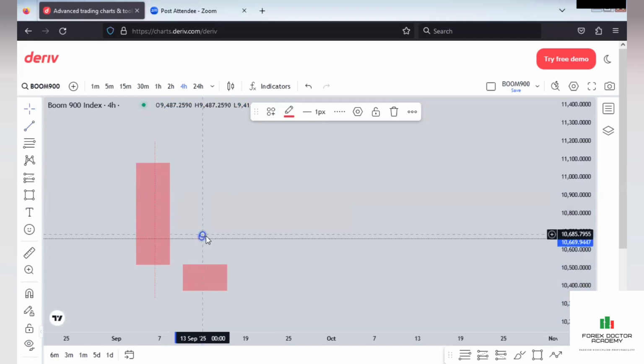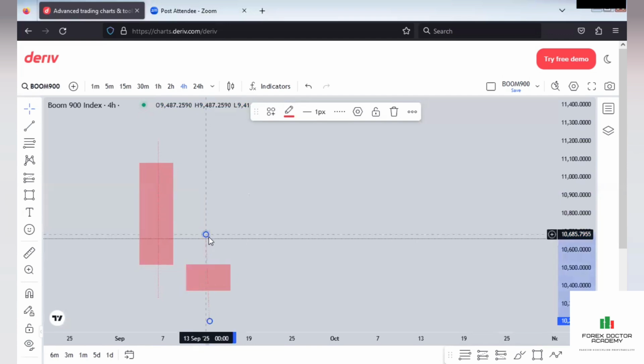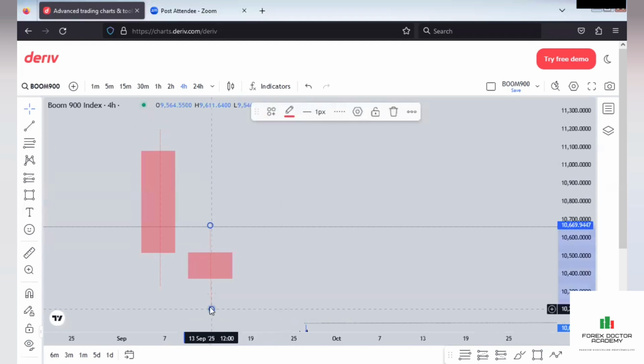And how does it take out liquidity? Remember the saying, liquidity rests at the highs and lows of the market. This source candle has liquidity resting above it and below it, at the highs and lows.